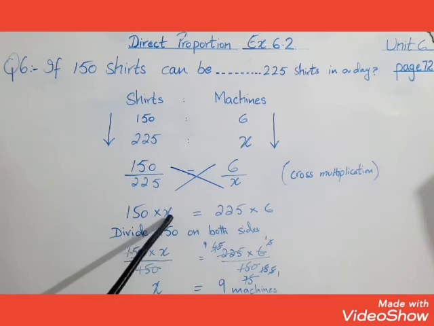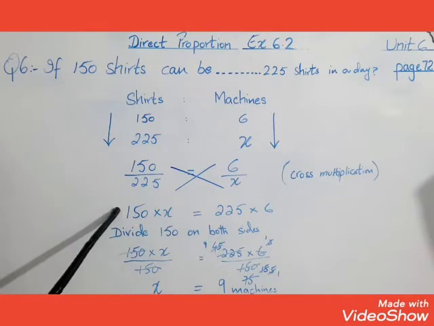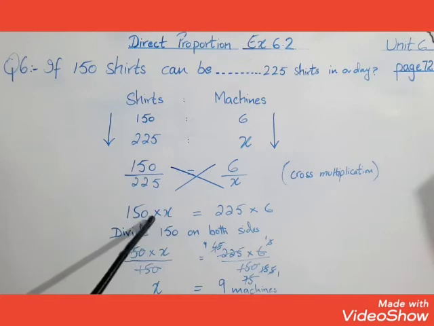Why? Because we have to find the number of machines, x. The value of x we have to find. So the neighbor number, that 150, we have to remove. How can we remove it? By taking the division operation. We know that the opposite of multiplication is division. So that's why we will do division.